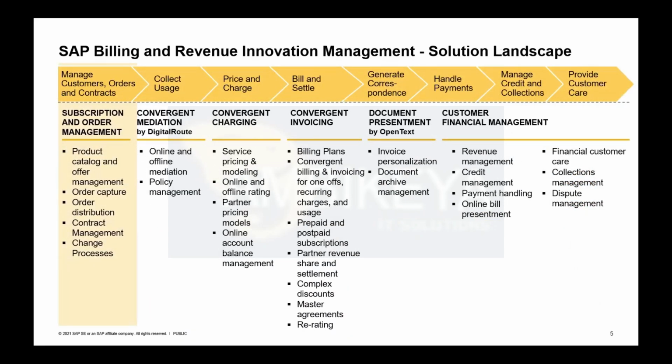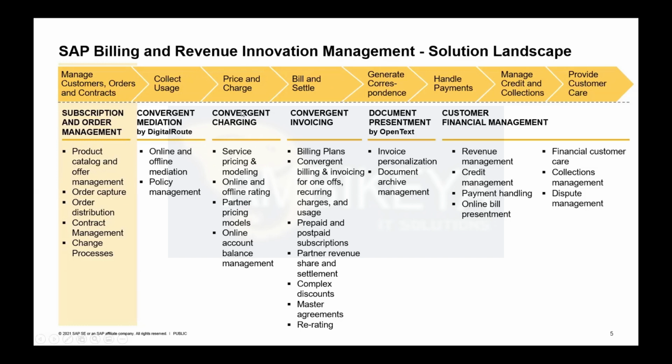To give you an overview of the landscape, I have this slide here. We now go over the processes that are covered, and each box here refers to a software component. We start in our BRIM solution with subscription and order management. We have as an additional software component by our partner the convergent mediation.